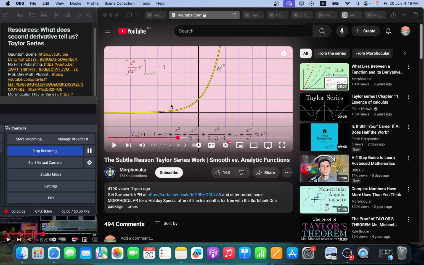So it takes issue with the fact that the entirety of the curve was established from this point forward, x equals 0, and that gave us the mathematical equation, or the series, from this particular point, and that seems sus.